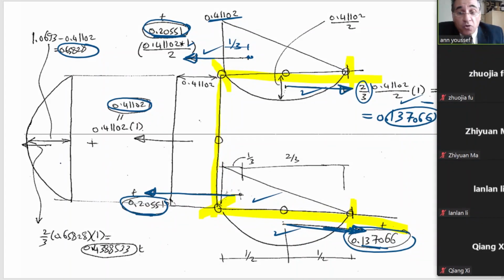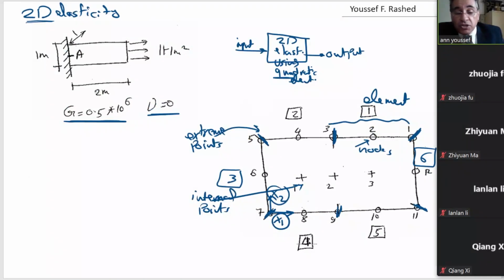Okay, all of these values should be in equilibrium with the applied force. Remember, our applied force is 1 ton per meter square. So the value of the traction we get is in ton per meter square or kilonewton per meter square.